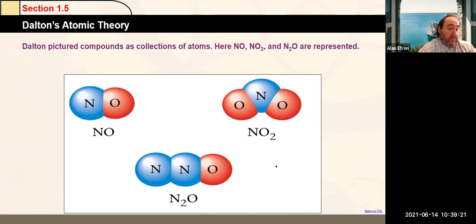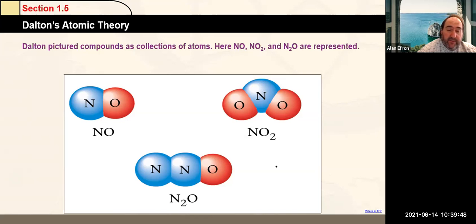There's a different proportion of nitrogen to oxygen: a 1-to-1 relationship in the first, 1 nitrogen to 2 oxygen in the second, and then 2 nitrogen to 1 oxygen in the last one, giving us some different gas molecules here: nitrogen monoxide, nitrogen dioxide, and dinitrogen monoxide in the last one.